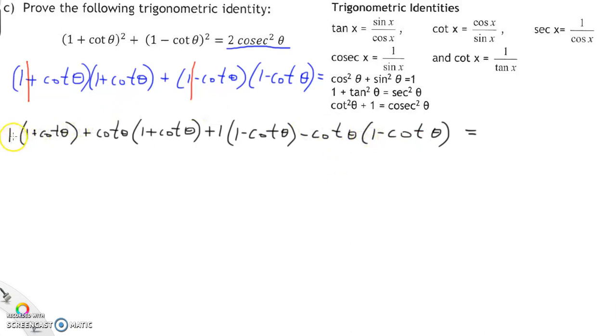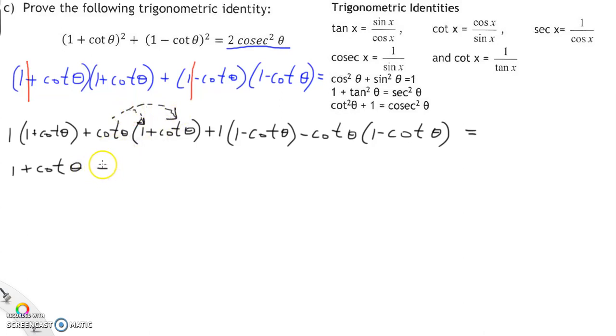Now 1 times this here just gives us the contents of the brackets, 1 plus cotan theta, and in this case it'll be multiplied by the first item and then by the second item.